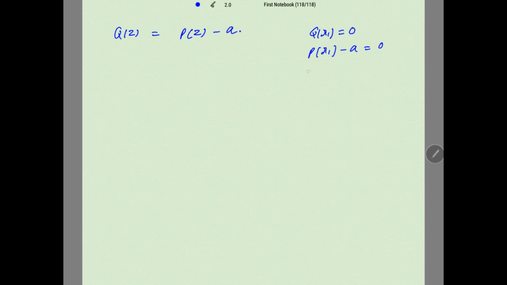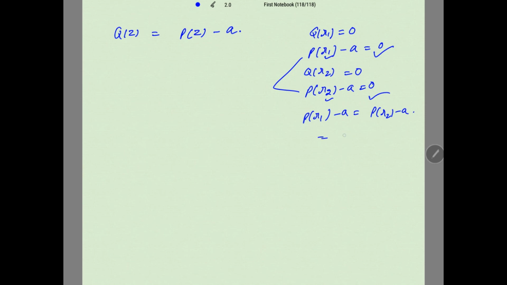Similarly, if r2 is a root, then Q(r2) is equal to 0, meaning P(r2) minus A is equal to 0. So for r1, r2, r3 we are getting the same value. Can I write that P(r1) minus A equals P(r2) minus A, up to P(r3) minus A, all these are equal.